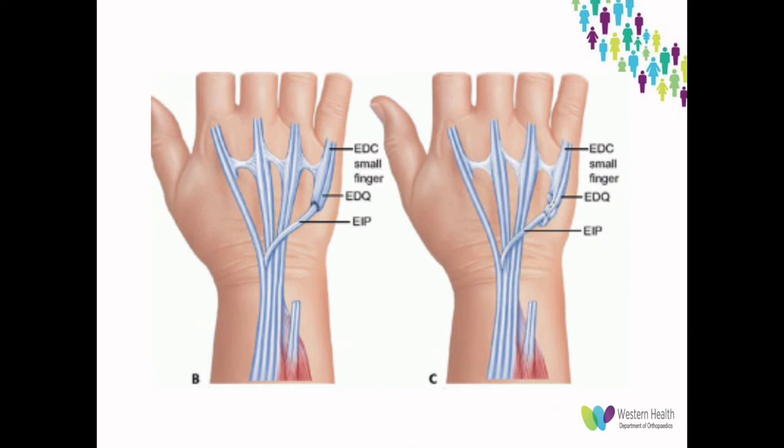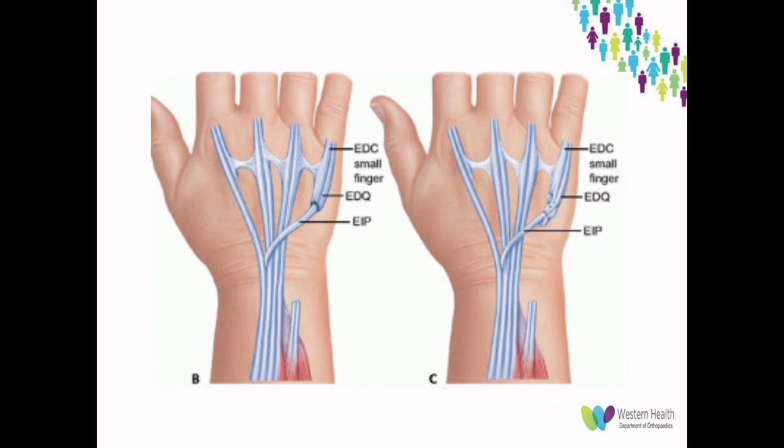So in terms of transfer, donors include extensor indicis, as well as ECRL, ECRB, even flexor superficialis. So for the small finger extensors, which are most commonly affected, you can use the extensor indicis, transferring it to the distal stumps of extensor digiti minimi, as you see on the right here and on the left.